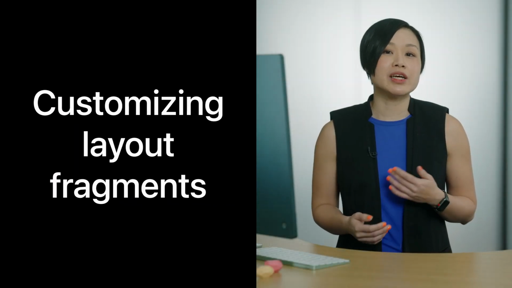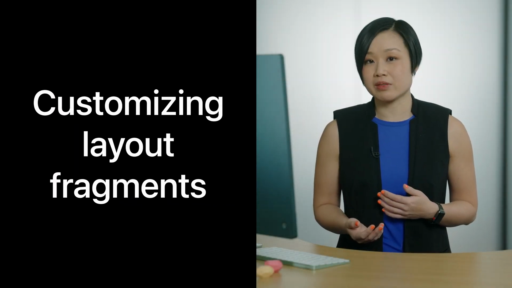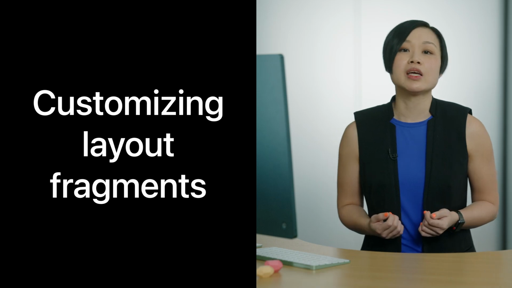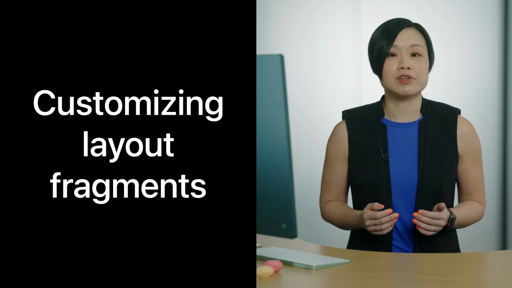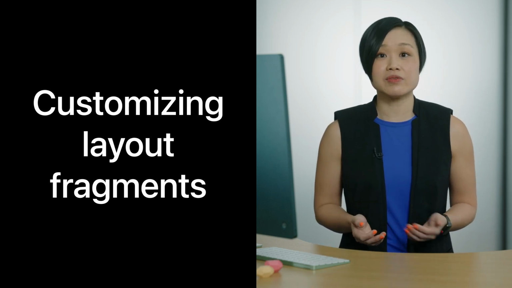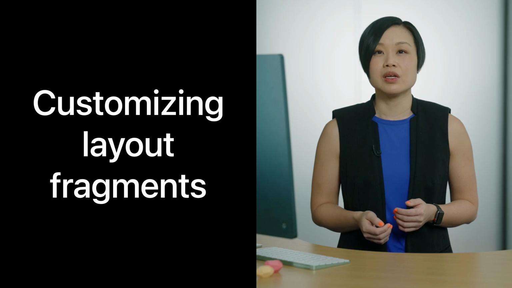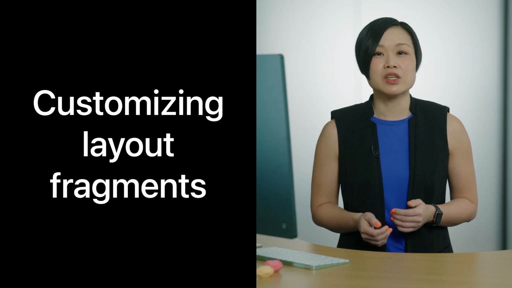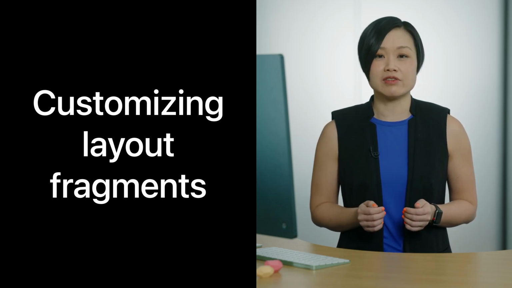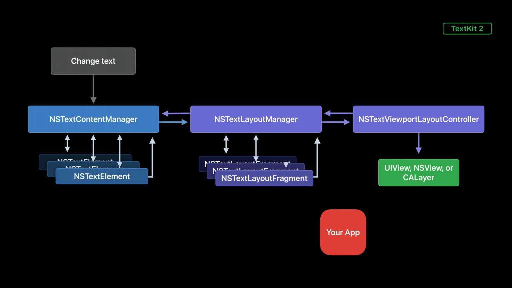Now that we understand the layout information that layout fragments provide, let's back up a bit and talk about how to use this information to customize the layout of text elements. Since layout fragments are immutable, you can't directly change the layout information on a fragment. Going back to our flow diagram, we need to hook into the layout process and create new instances of NSTextLayoutFragment with the information we want to change.